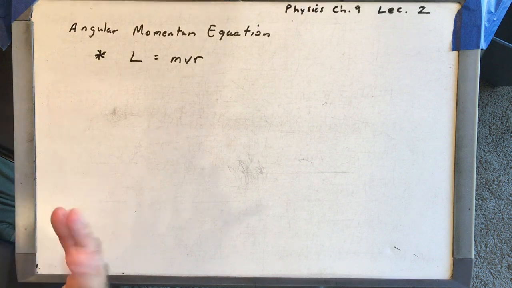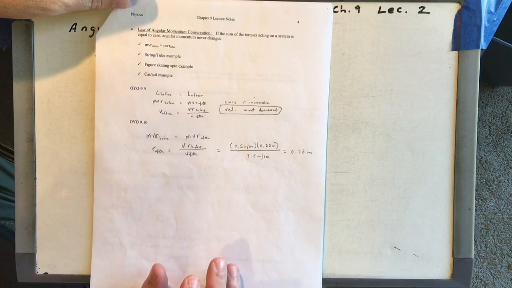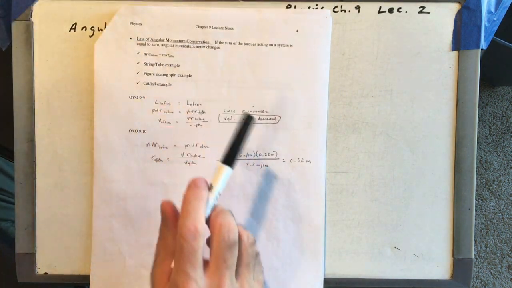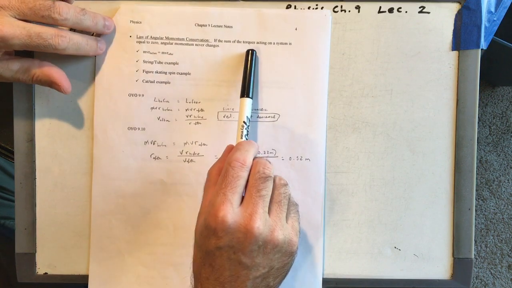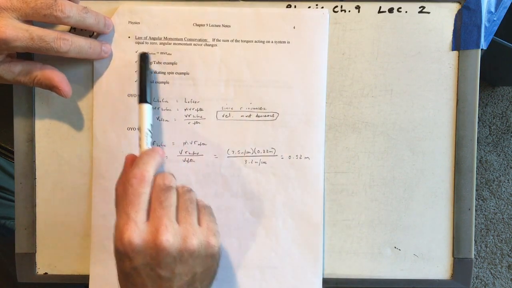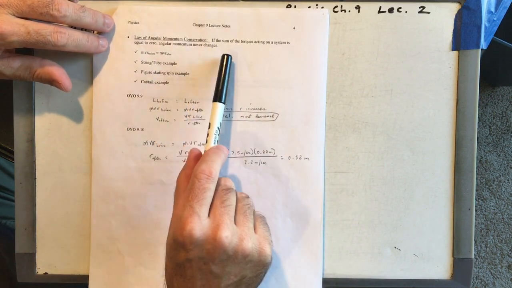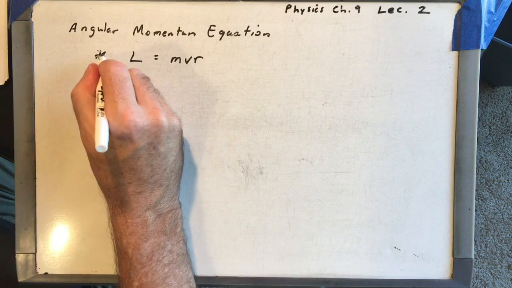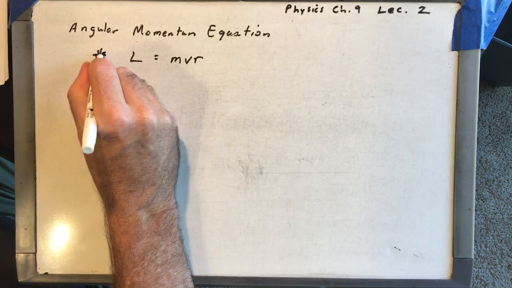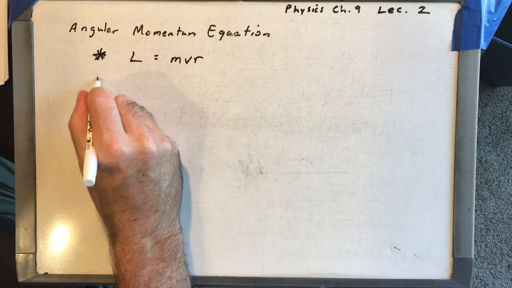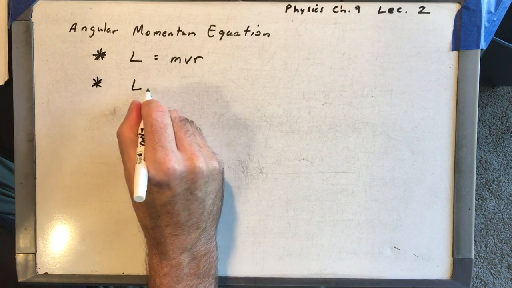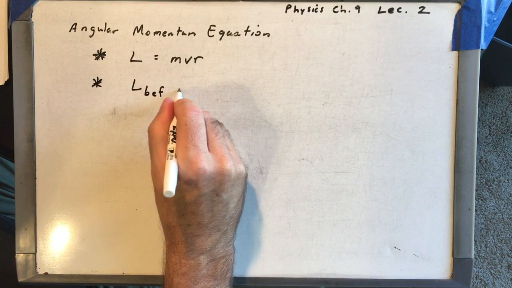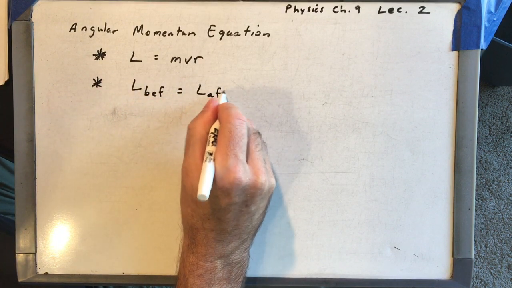All right, so the law of angular momentum conservation is if the sum of the torques acting on a system is equal to 0, angular momentum never changes. So with angular momentum conservation, you'll have L before is equal to L after.